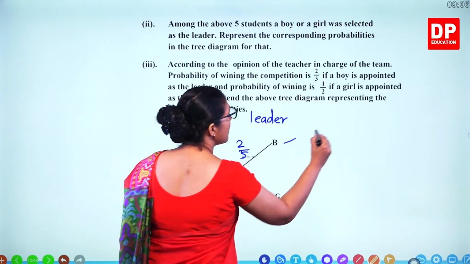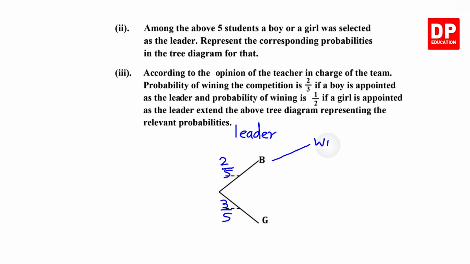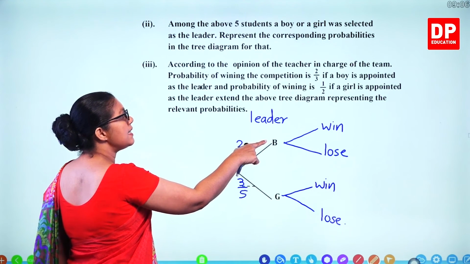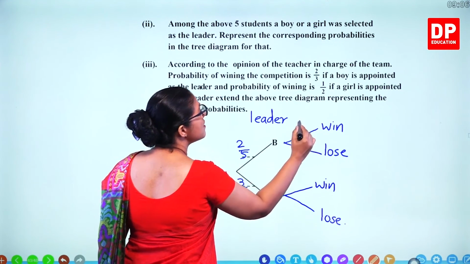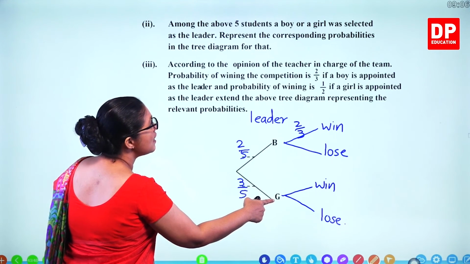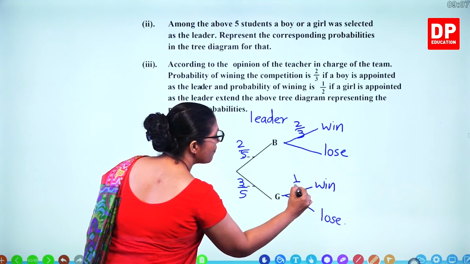So you get winning or losing. So what's the probability if a boy is selected as the leader? The winning chance is 2/3. If a girl is selected as the leader, the winning chance is 1/2.